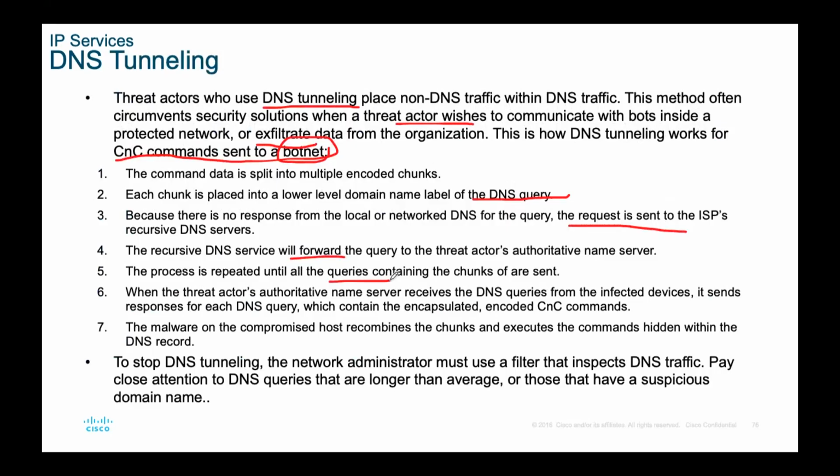When the threat actor's authoritative name server receives the DNS query from the affected device, it sends a response for the DNS query, which contains the encapsulated and encoded CnC command. The malware on the compromised host recombines the chunks and executes the command hidden within the DNS record.